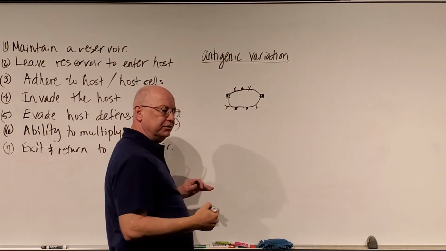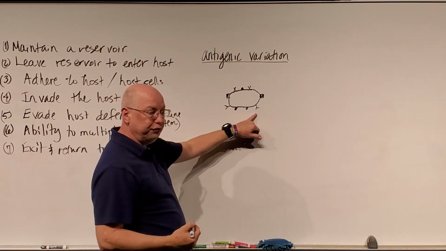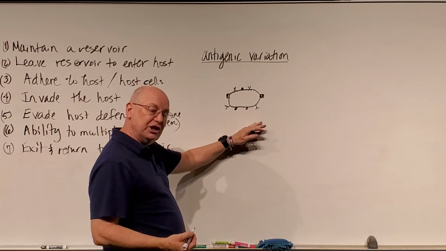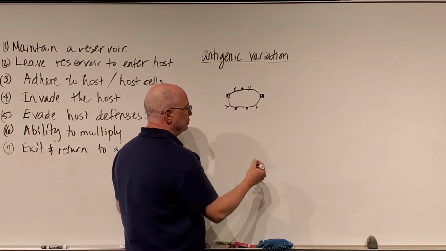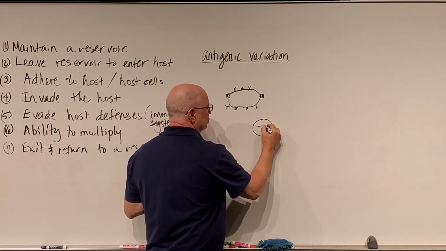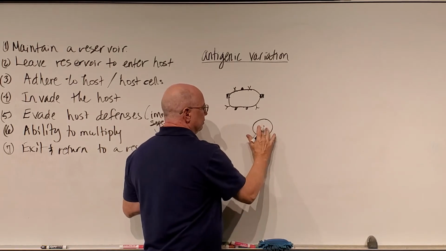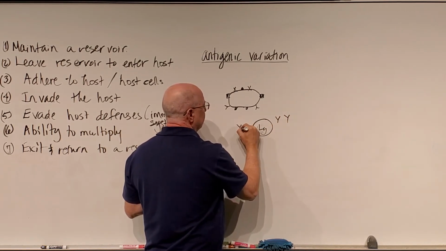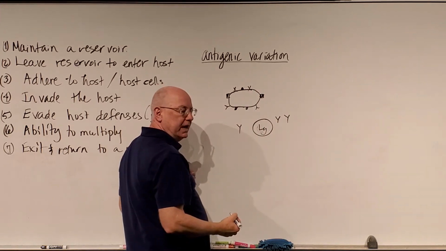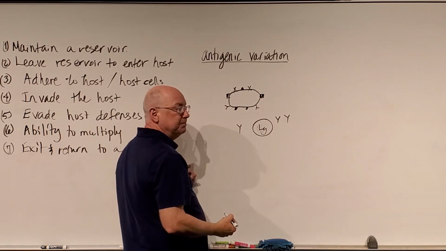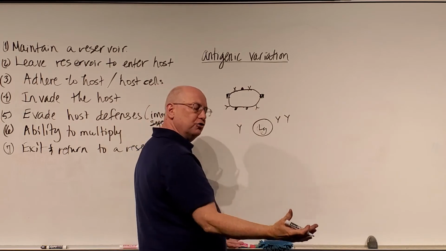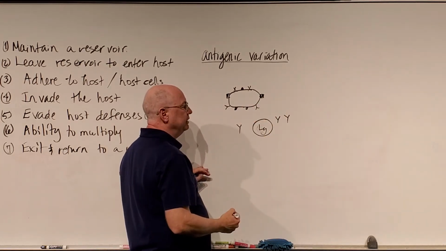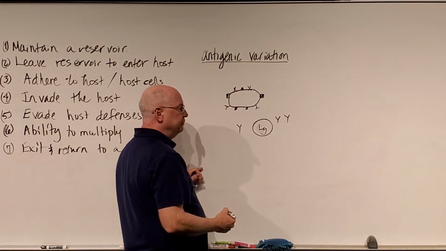We call these surface antigens because they can generate an antibody response. So some of our white blood cells, called lymphocytes, can release proteins called antibodies that can bind to the surface antigens on some cells and tag them so that other white blood cells can come in and wipe them out.